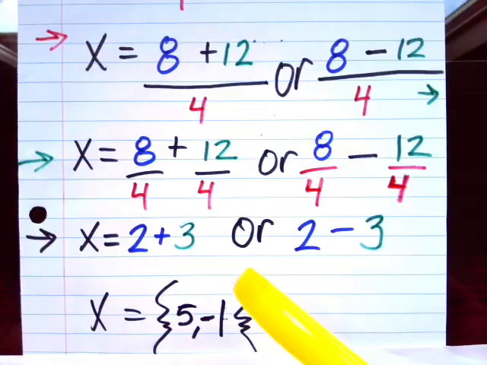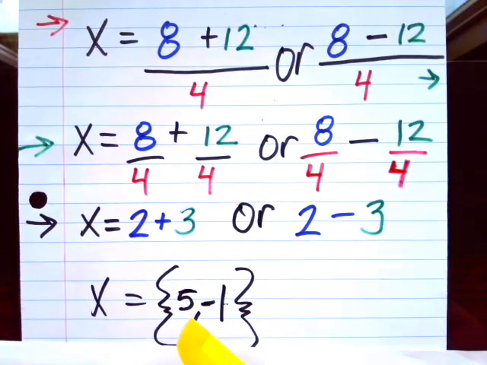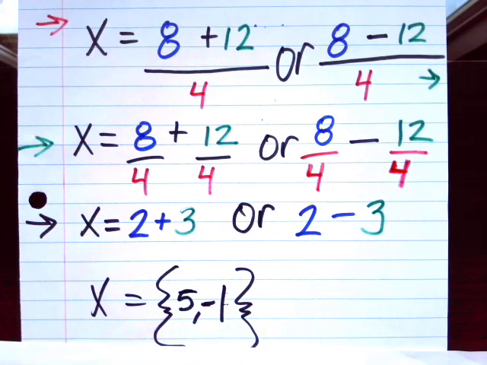And either way, you're going to come up with the same solution. The zeros for the quadratic equation we started with are 5 and also negative 1. They both would work. You could substitute these values one at a time in the original problem, and you'd end up with 0 equals 0. Checking your answer, this is a correct answer.